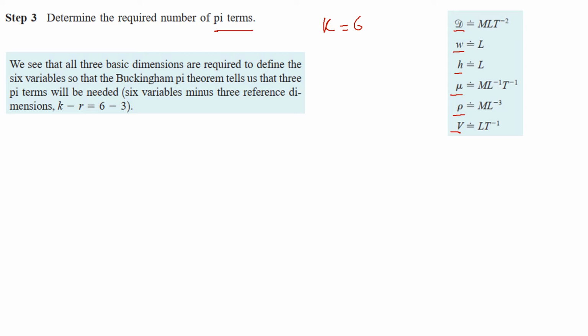So k is equal to 6, and the minimum number of reference dimensions that are required is 3. R is equal to 3, because you can see that the minimum number of reference dimensions required to represent all these 6 variables is 3, that is M, L and T. So by using the Buckingham pi theorem, k minus r, that is 6 minus 3, I will be left with 3.